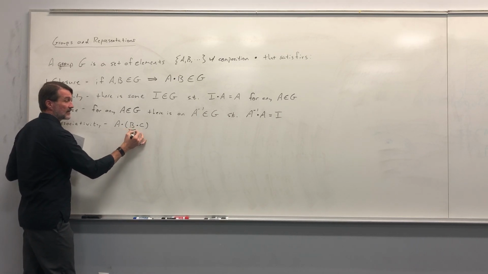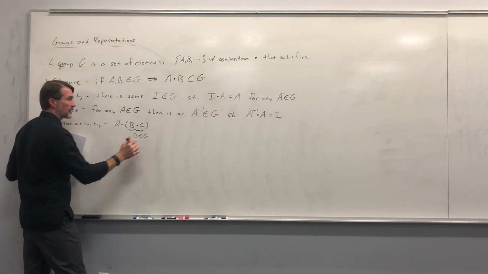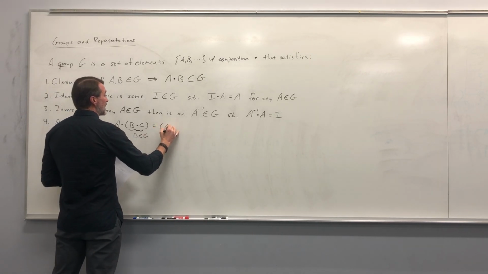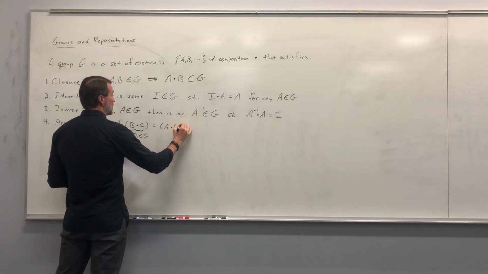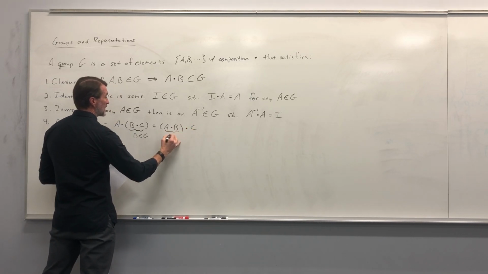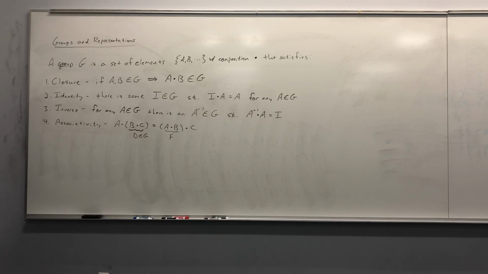This is maybe D, and it's again an element of G, and then I take A and compose it with D. This must be the same as if I take A composed with B and then use that composed with C, where this might end up being an element F. So that's associativity. That's an old math property you probably remember and never really think too hard about.